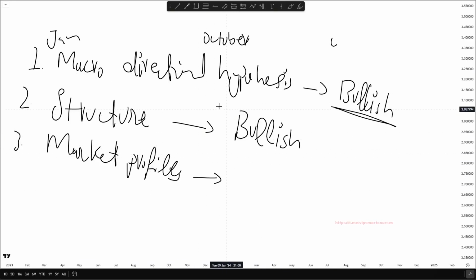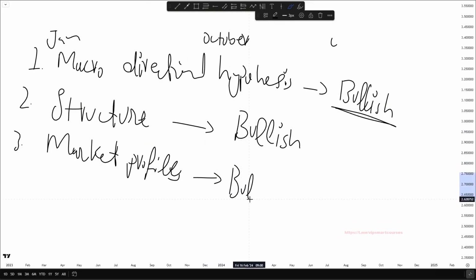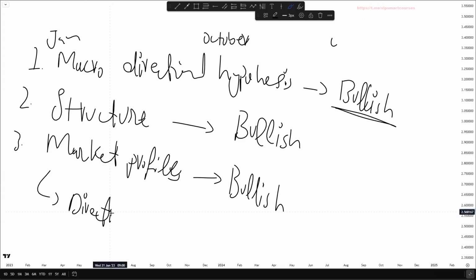And by the end of these three steps, you would have determined that the underlying direction that the market is moving in is bullish, or the directional idea here is bullish. Okay, so your directional idea here would be bullish for price action.